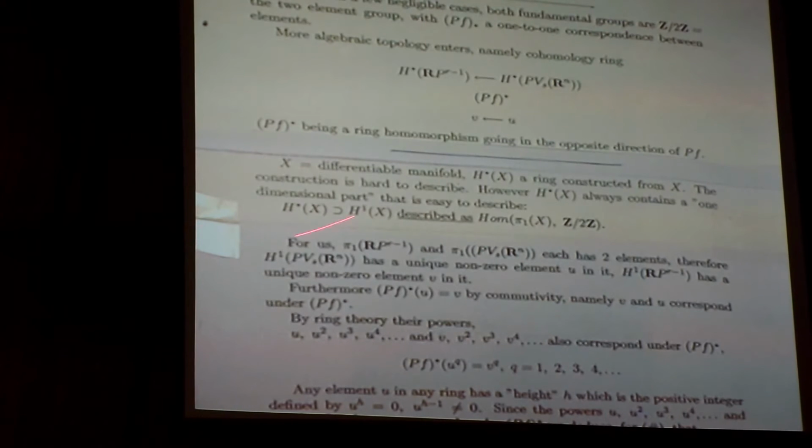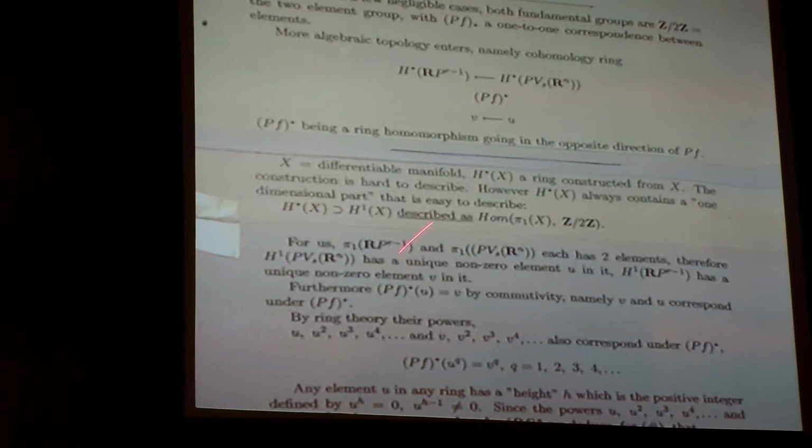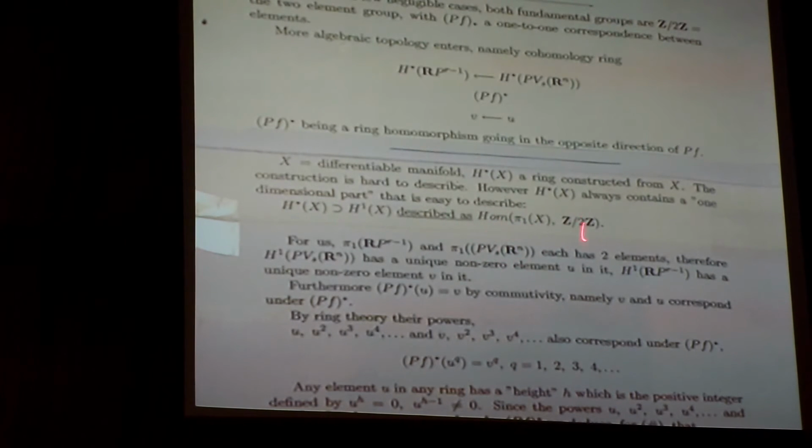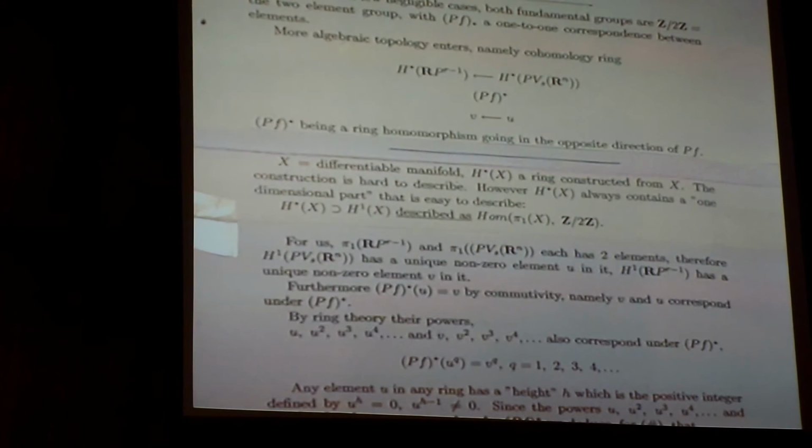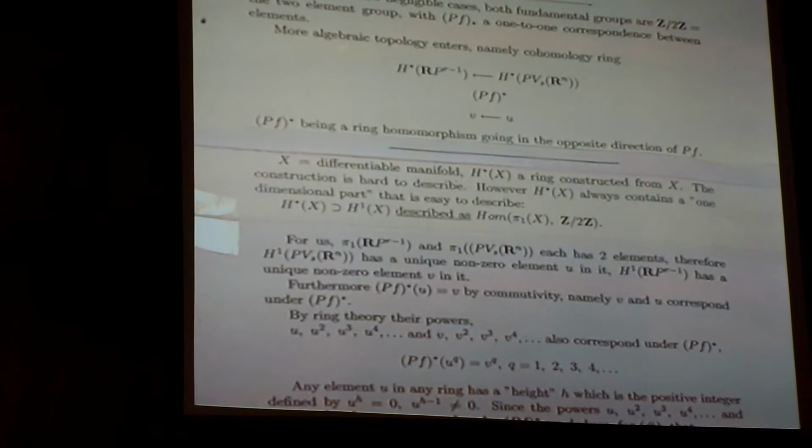Our spaces are very simple. Our spaces only have fundamental group equal to 2 elements. So this homomorphism set is very simple. In fact, in each homomorphism set, there's only one non-trivial element, a U over there and a V over there. They are one-dimensional cohomology classes, and they correspond under the PF star.